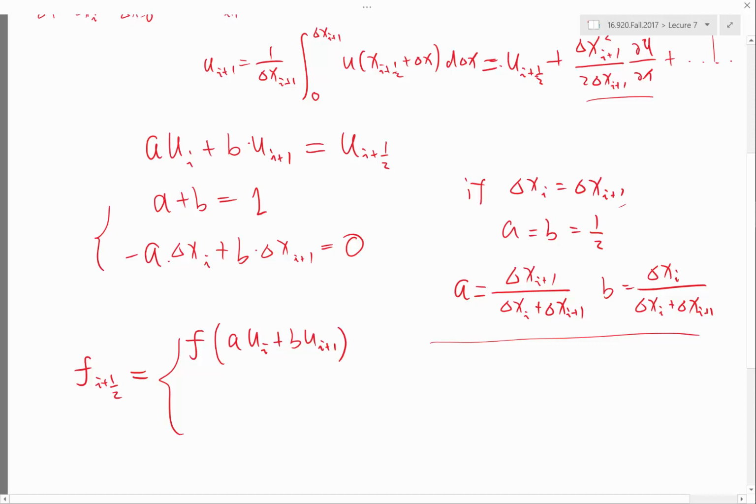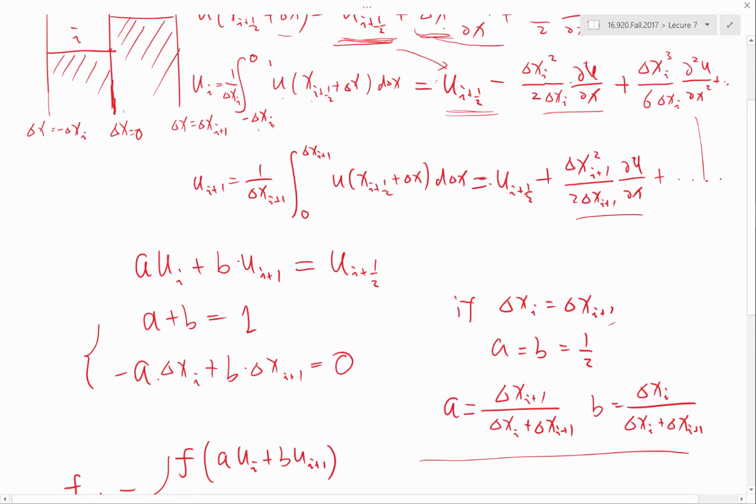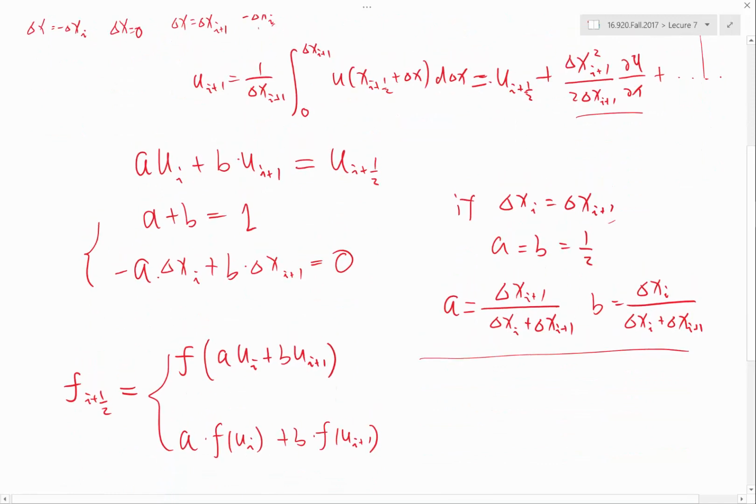Or you can do a similar analysis to f, and what you get is a times f of ui plus b times f of ui plus 1. All right. So the analysis is pretty much the same. You get a different quadratic term, but the linear term is going to be the same. So this is, according to Taylor series analysis, the most accurate scheme I can use to approximate the flux at the cell interfaces.